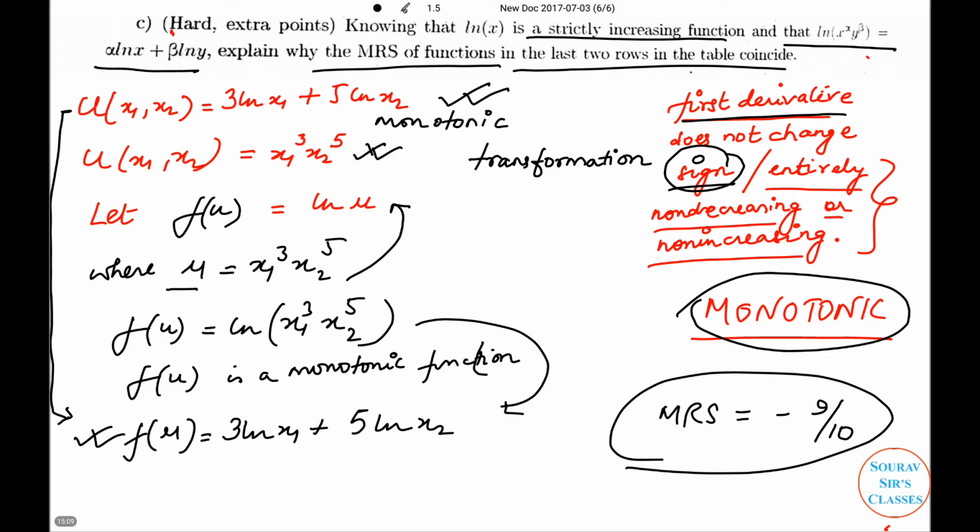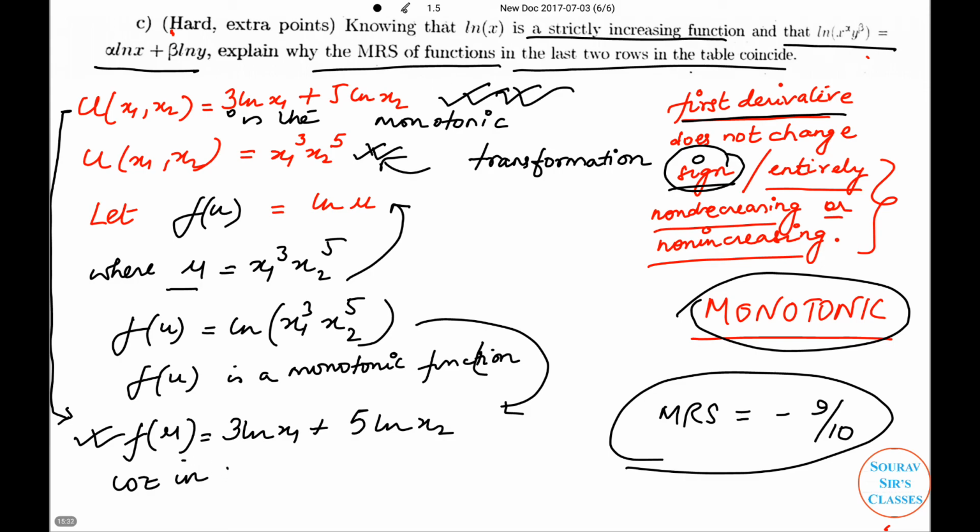So we can easily say that this particular function is the monotonic transformation of this particular function.